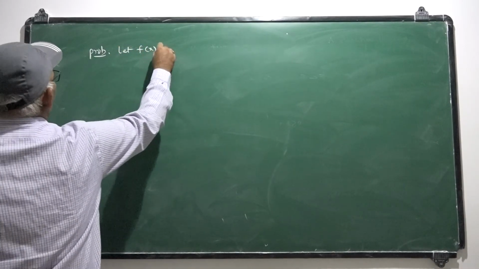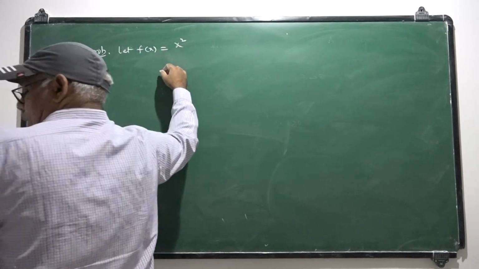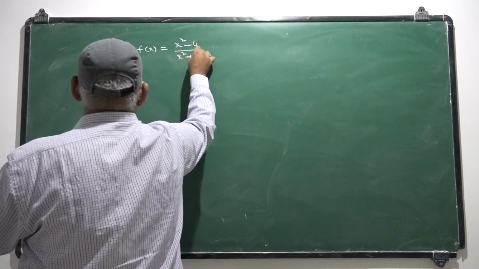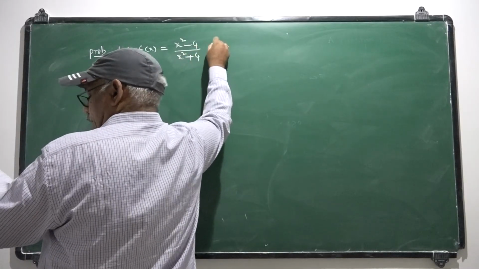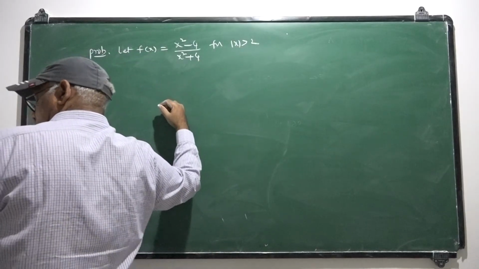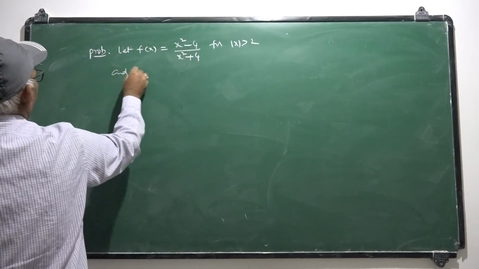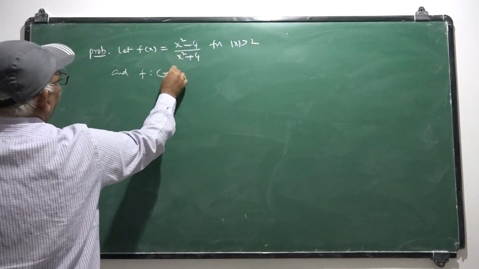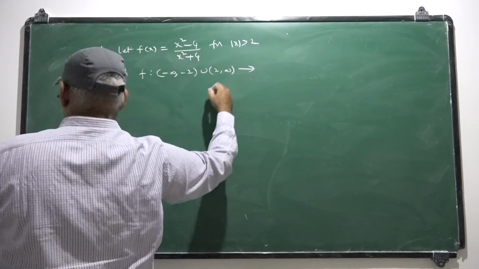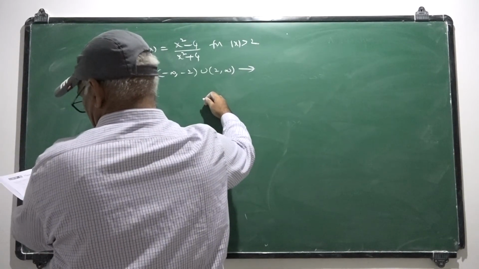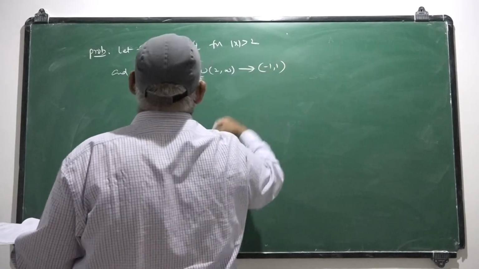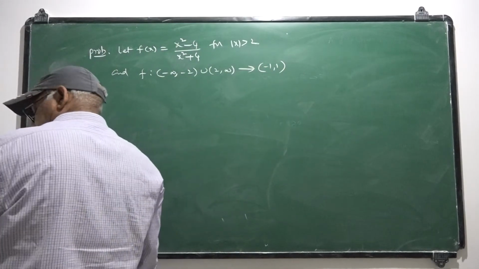Next one. Let f(x) equal to (x square minus 4) by (x square plus 4) for mod x greater than 2, and f defined from (2, infinity) to (minus 1, 1).